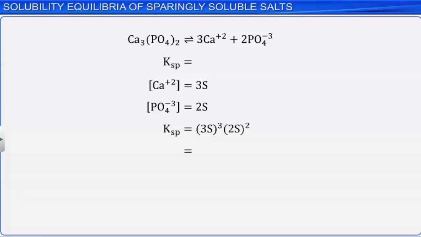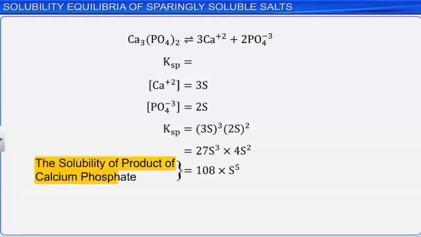This is equal to 27S³ multiplied by 4S². The product of this is equal to 108 multiplied by S⁵. Thus, the solubility product of calcium phosphate is equal to 108 S⁵.